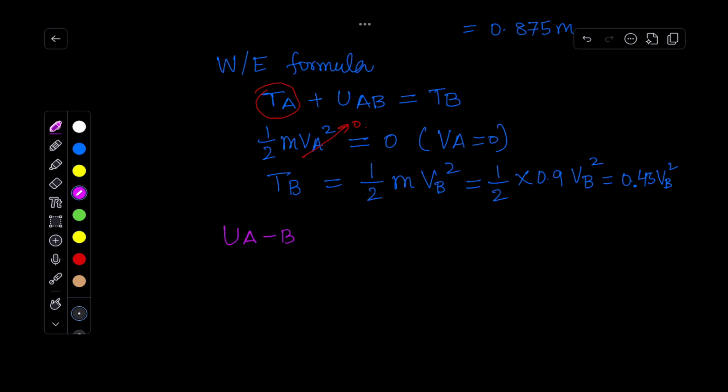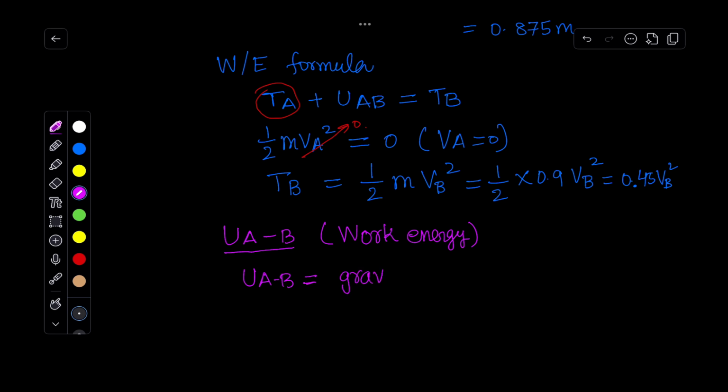We will complete the work formula here. So we need to calculate how much work has been done from A to B. When we go back to this problem, we see here that there are two types of work that have been done. Can you guess?